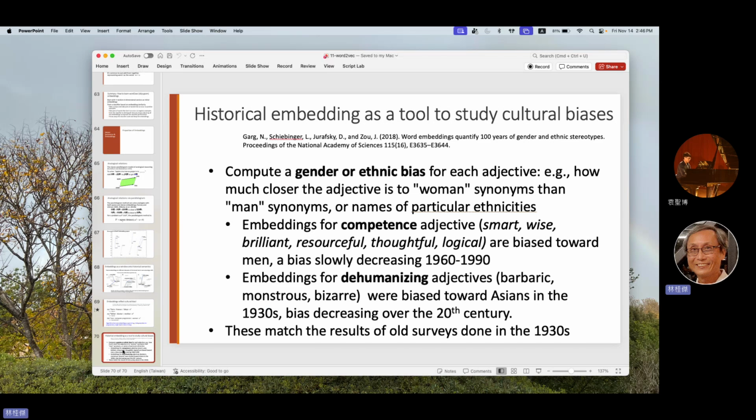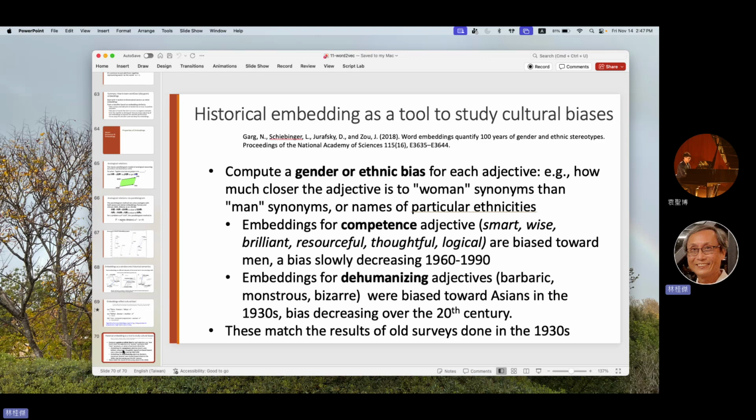But if you look at some of the older texts, the word embedding for competence is often used to describe men.